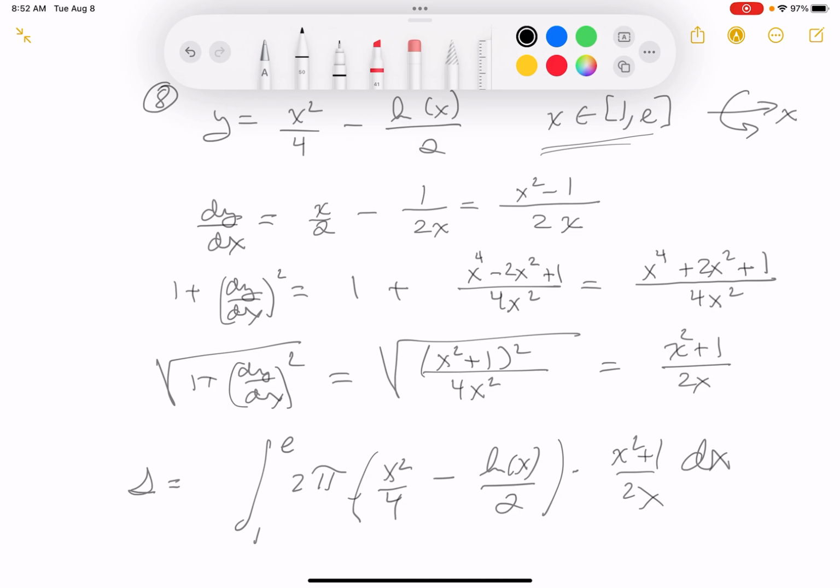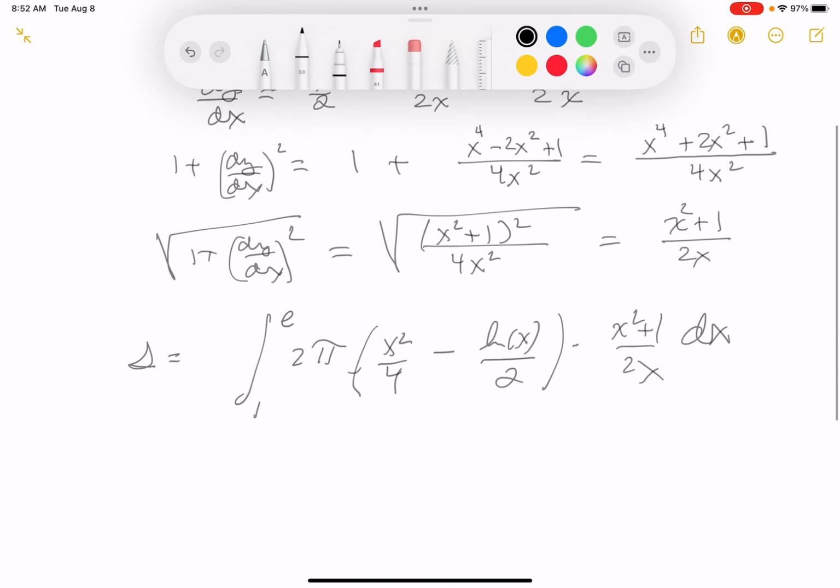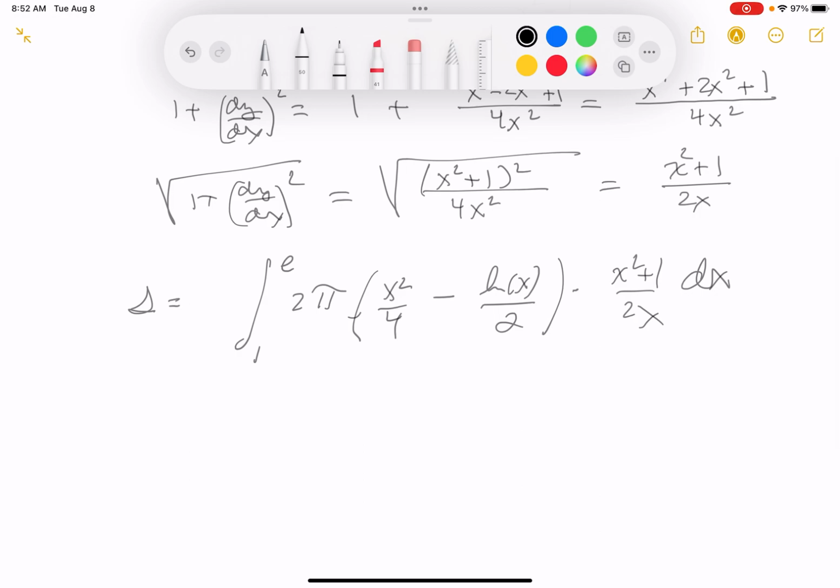Right, that looks complicated, doesn't it? I don't really see something simple to do. I'm going to maybe just factor out the 2 pi and expand it, see what happens. So S equals 2 pi, integral from 1 to e.